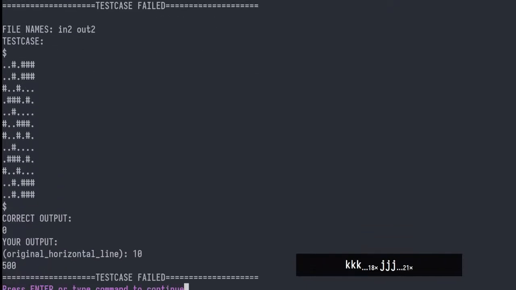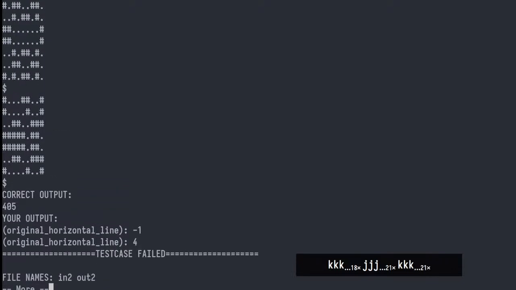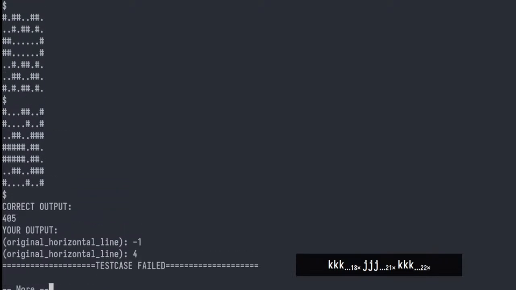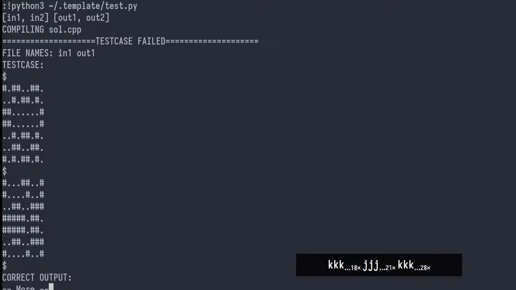I think 500 looks correct for this test case, and it didn't print anything for this.